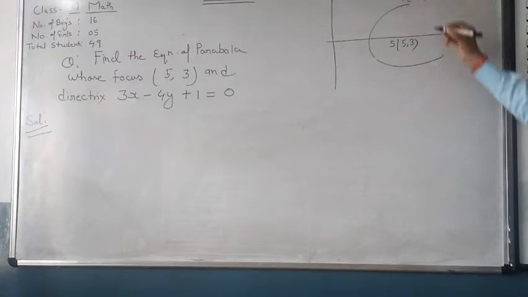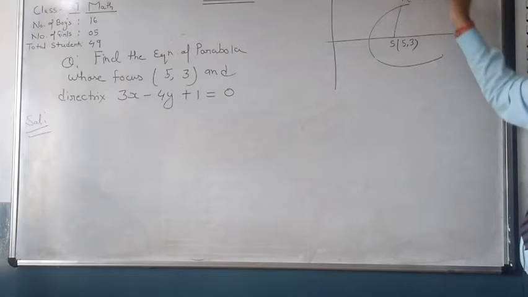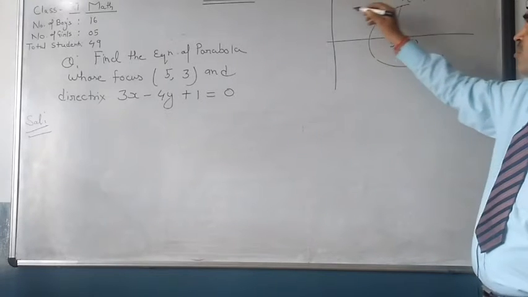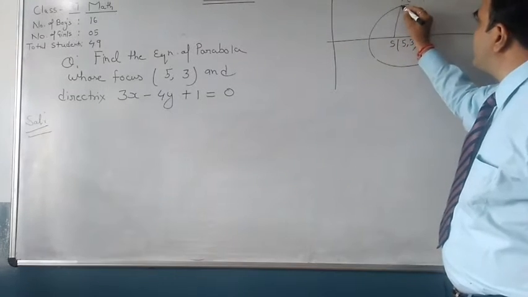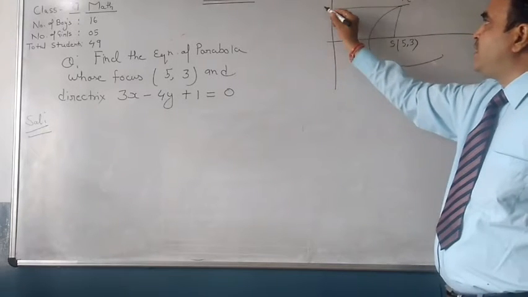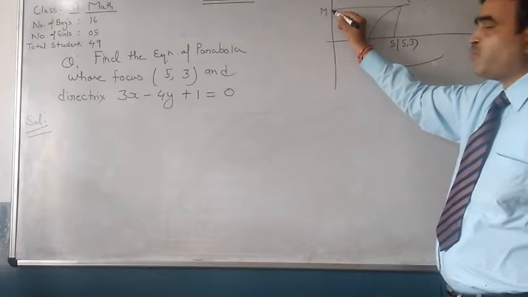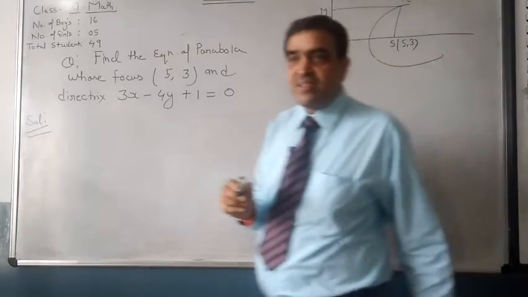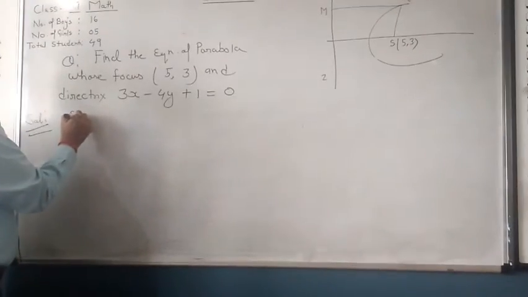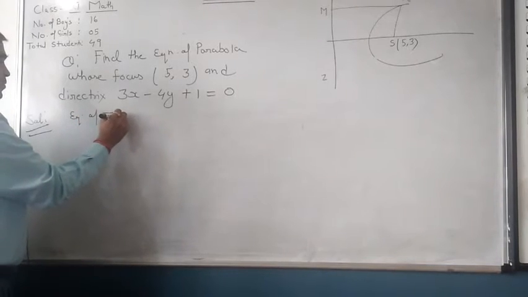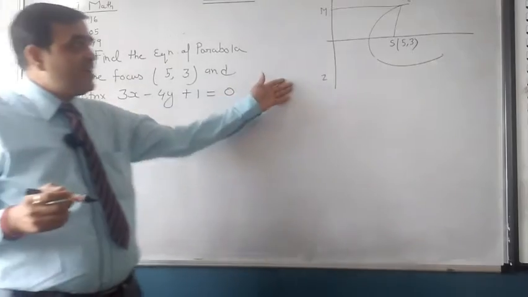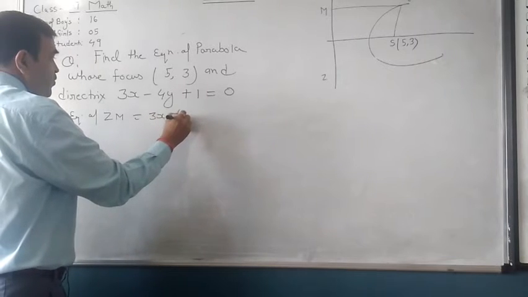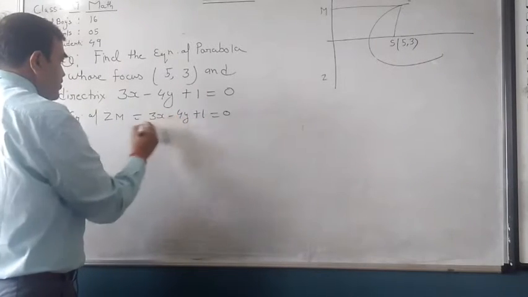Join this point to the focus, and draw a perpendicular from point P on the directrix. Let the foot of the perpendicular be M. The equation of the line through M is given: 3x minus 4y plus 1 is equal to 0.